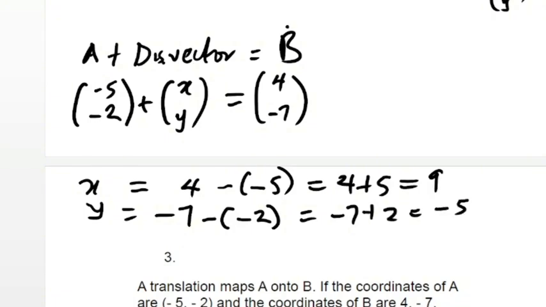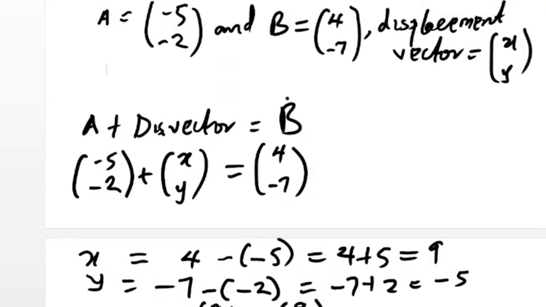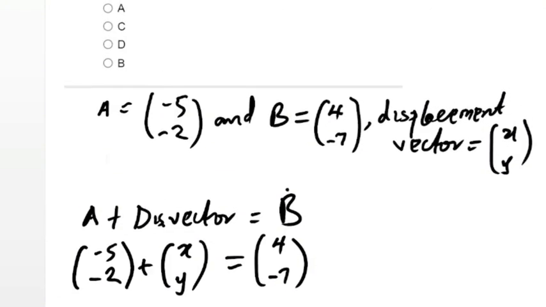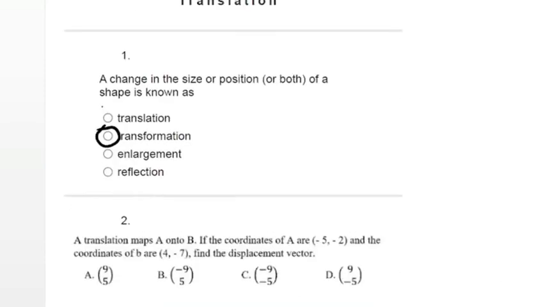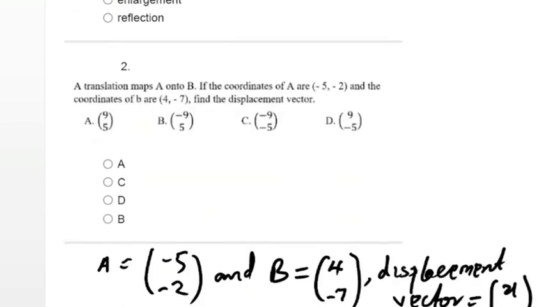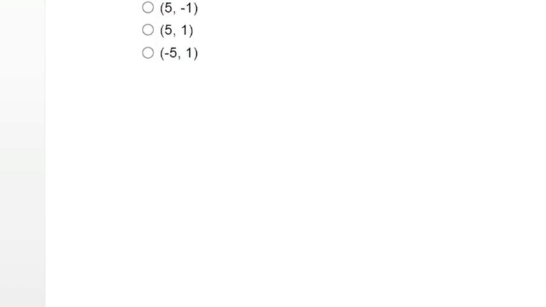So the displacement vector x, y is now equal to 9, -5. So that is option D. The correct answer is option D.